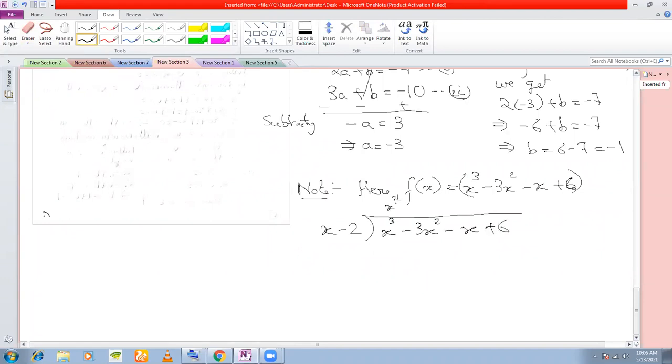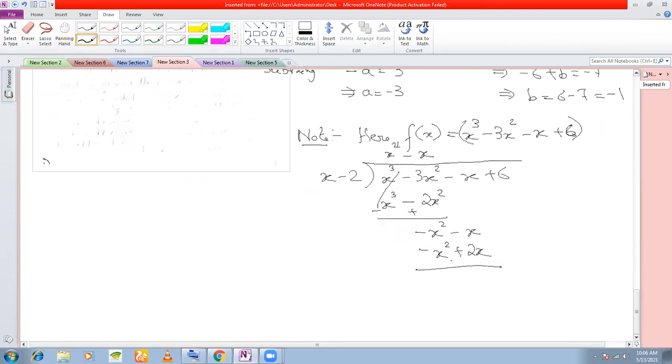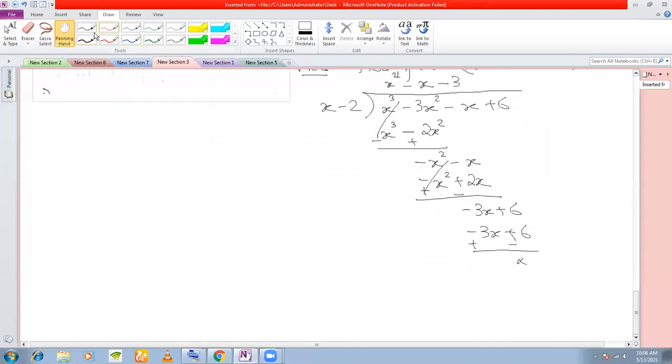You get x squared; x cube minus 2x squared cancels, you get -x squared minus x, so minus x squared plus 2x. Cancelling, you get -3x plus 6. Now multiply with -3, -3x plus 6. So you simply get 0 as the remainder. This is your quotient here.